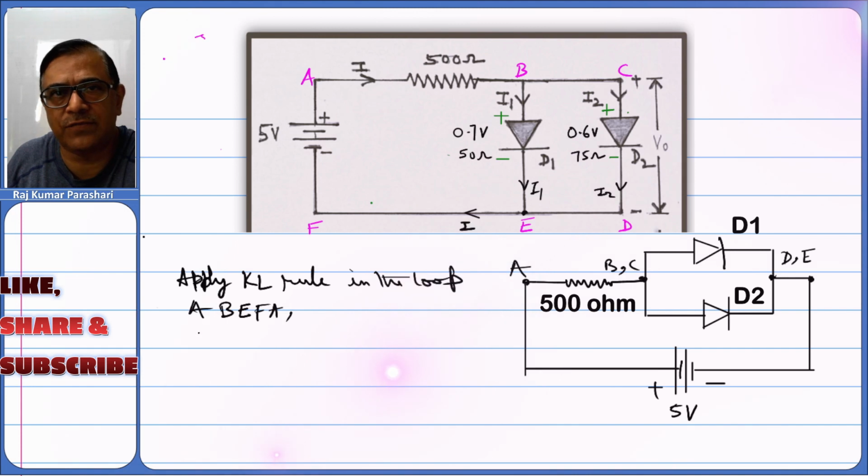I'm considering the case that algebraic sum of potential drops in a closed loop is 0.